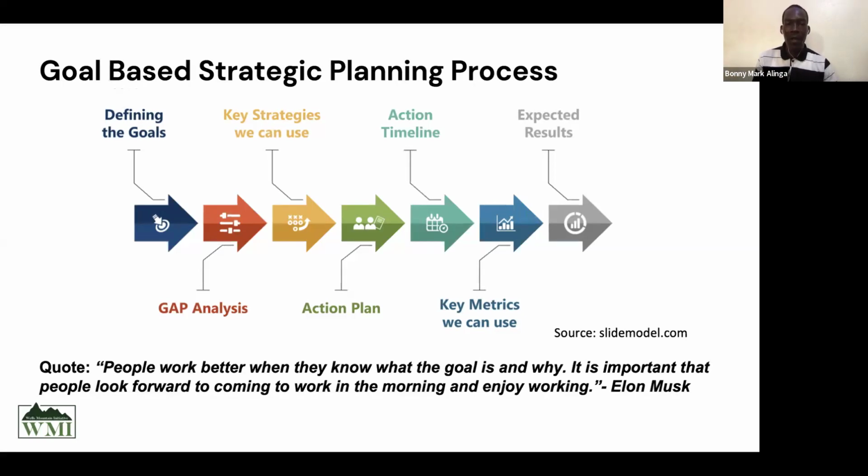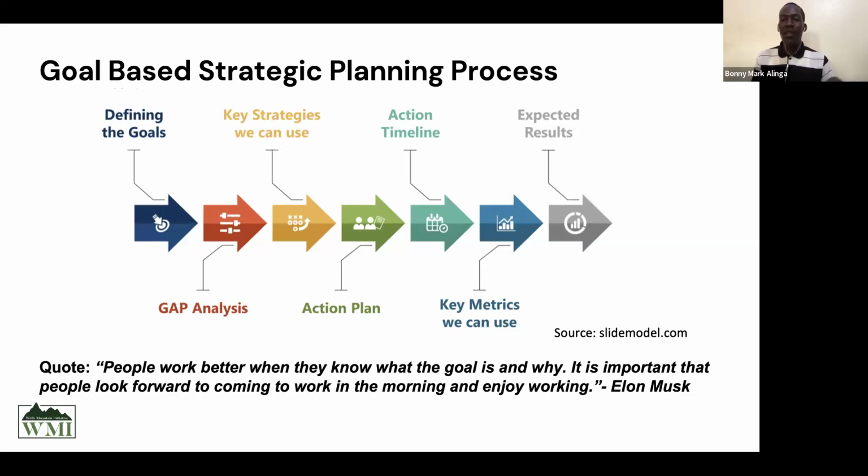Identify the key strategies you will be using and look into the action points by identifying the key strategies on the gap analysis, looking into the goals that you have defined and start to develop the action timeline. And as you develop the action timeline, you're aligning it with the action plan, with the strategies, and with the gap and the definition of the goals that you have already defined.